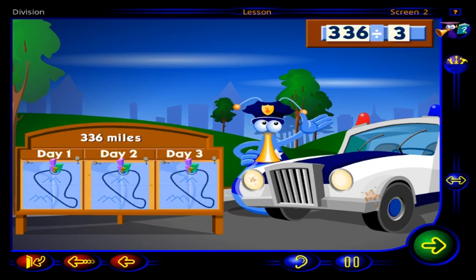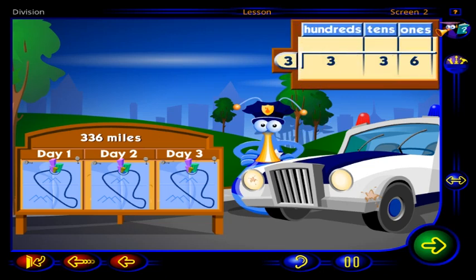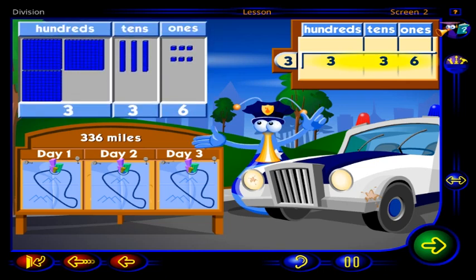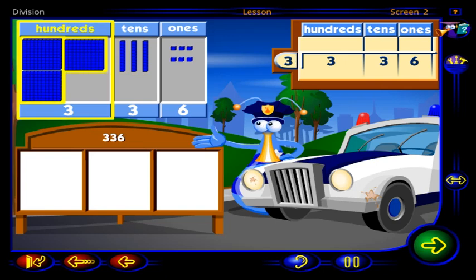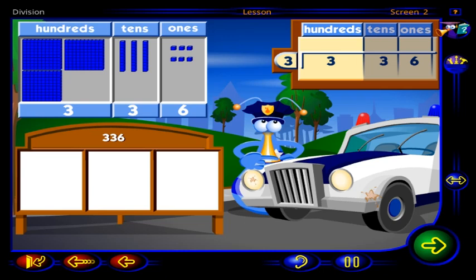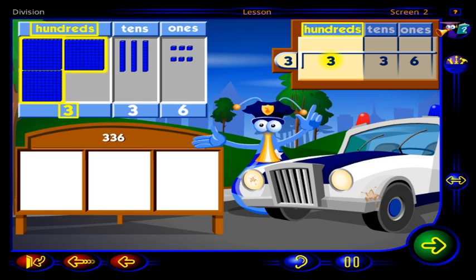To divide these numbers, we write them like this. Okay, let's show 336 using blocks. Now, we want to divide these blocks into 3 groups. We can divide the hundreds first. There are 3 hundreds in 336.